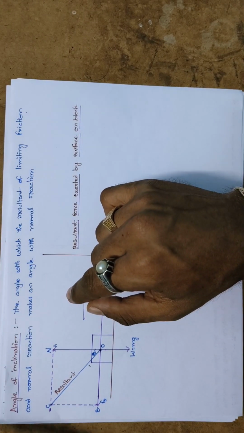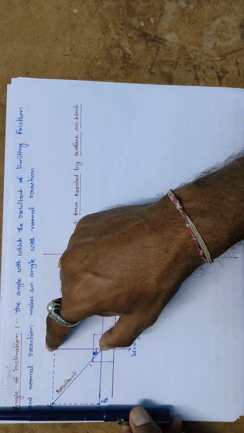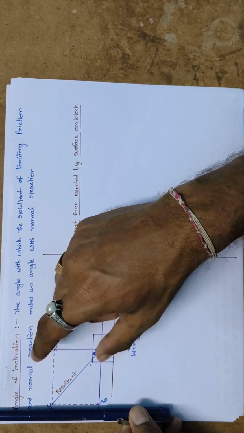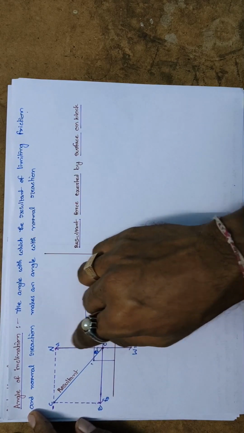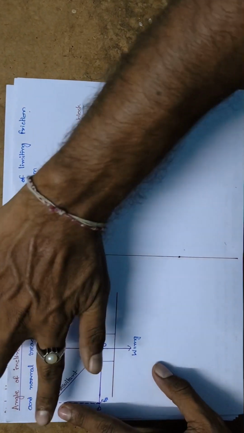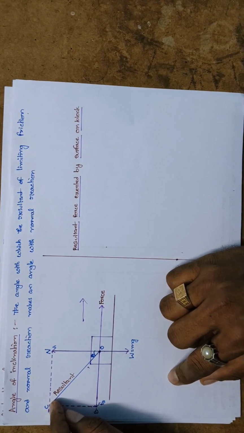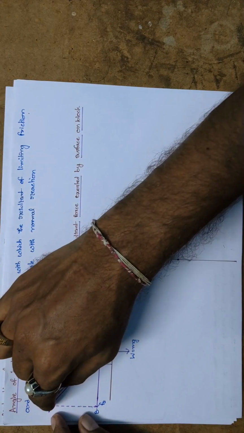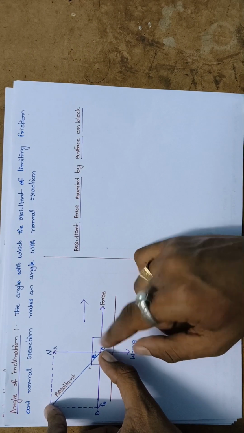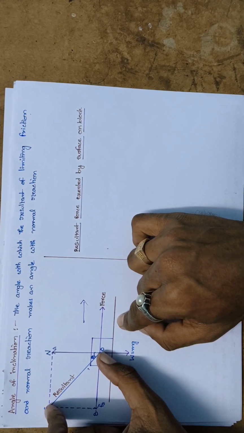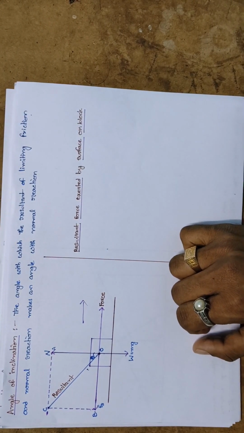Similarly, I remove this mirror and place it opposite to the OA vector, so again the OA image will be formed here. These two imaginary lines coincide at a particular point, called C. I connect a line from C to the middle point. This diagonal line gives the resultant, the angle of inclination.